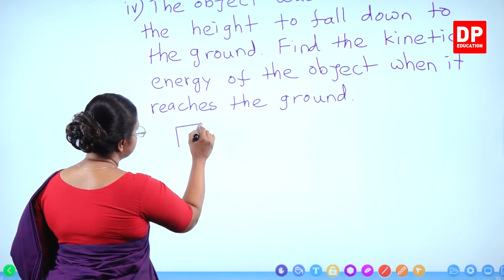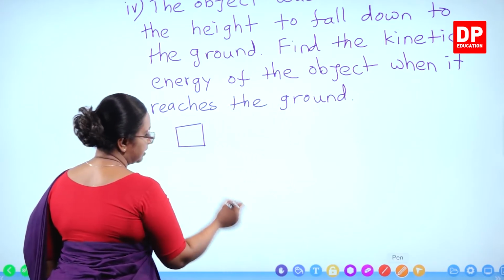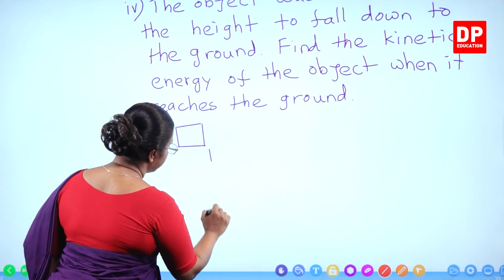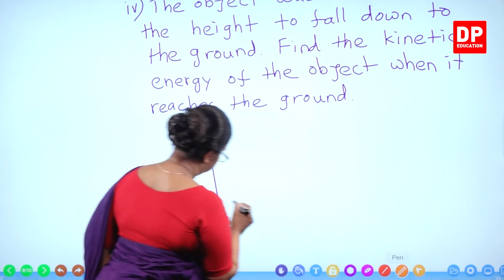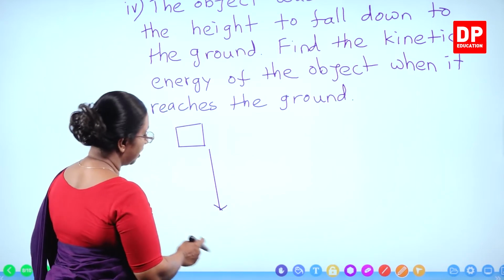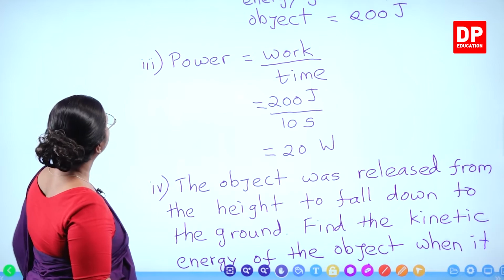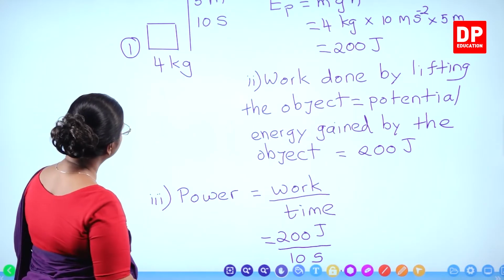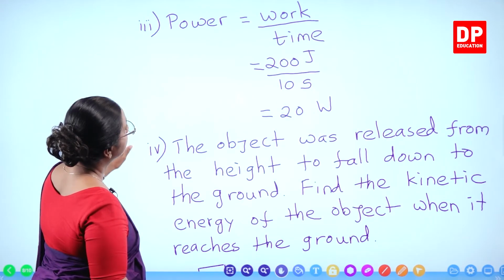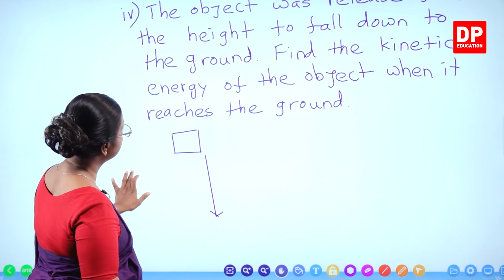Now the object is here and it is going to come down. If we again look at the values, you can remember 4 kilogram, 5 meter height, and it took 10 seconds. And we calculated potential energy as 200 joules.